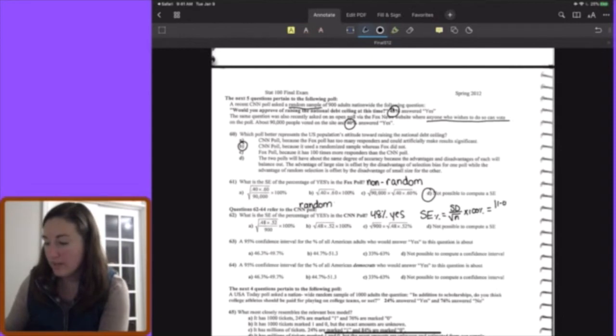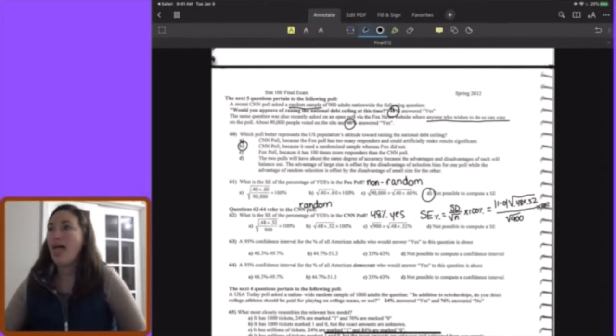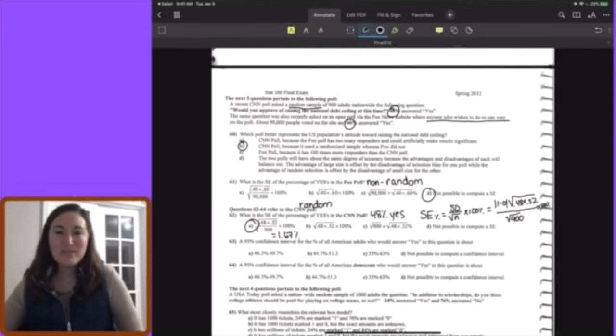So I have the absolute value of 1 minus 0 times the square root of the percent of yeses, which was 48. The percent of no's would then be 52. Divided by the square root of n, which in this case was 900. And then times 100%. And then that is going to be A. And if I solve this on my calculator, I end up getting about 1.67%.